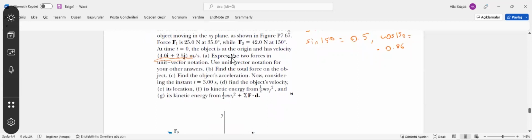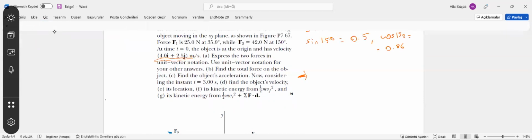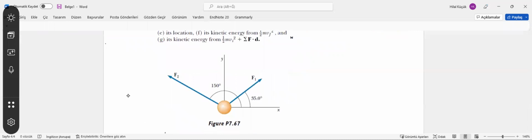Okay, how can I express the two forces in unit vector notation? Look at the picture. For F1, there's an angle here. It means you have to split its components. How can I split it? I know F1x is F1 multiplied by cos 35 degrees.